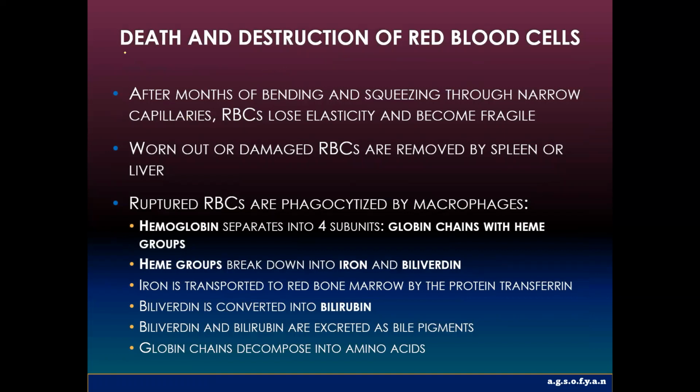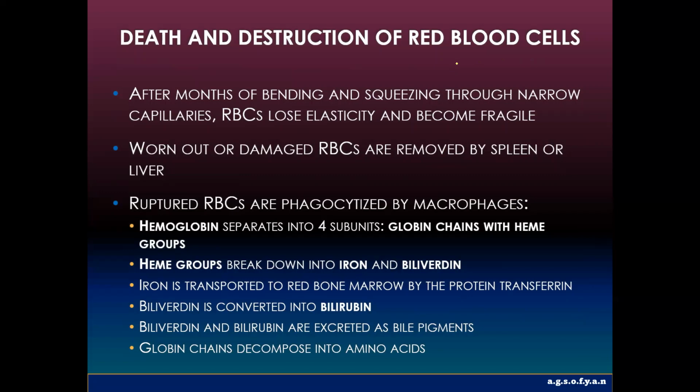Okay, so we mentioned that red blood cells only live for 120 days because they do not have a nucleus, and also they do not have mitochondria. So they are always being destroyed and then reproduced. So how does the destruction of red blood cells happen, and where?